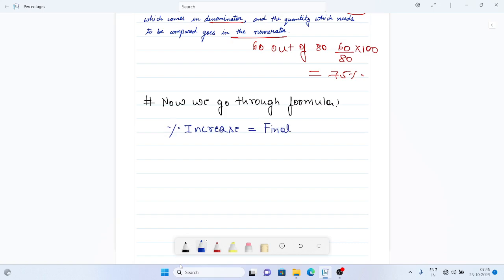Final value minus initial value upon initial value into 100. I denote final value as FV and initial value as IV, so percentage increase is nothing but (FV minus IV) upon IV into 100.